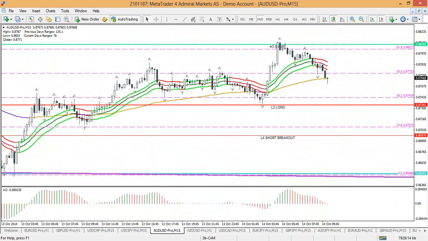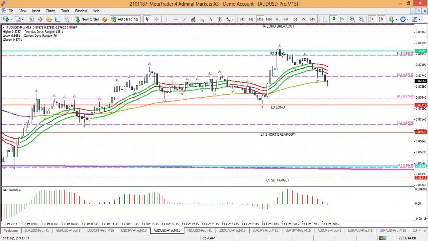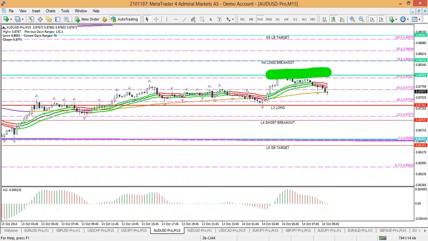So intraday shorts would be careful of the bottom. Could be at the bottom here, could be a swing bounce potential there, although against trend. And above H3, intra-week, intraday long potential.